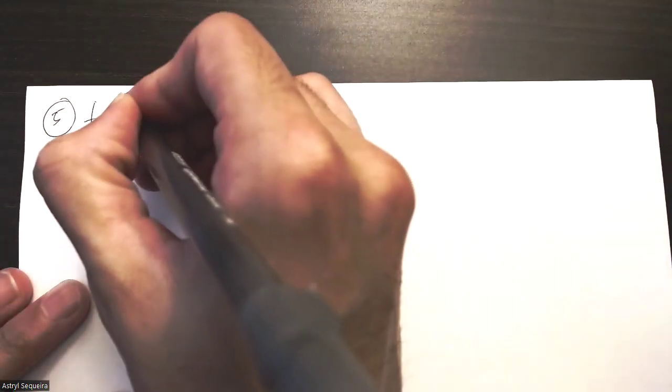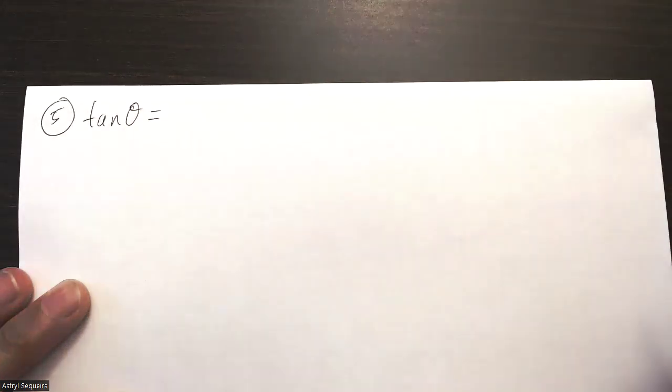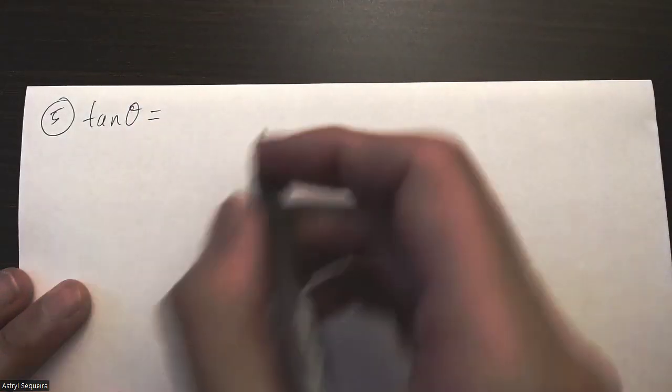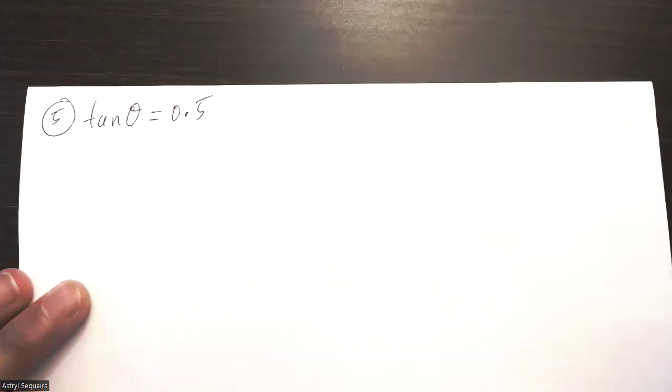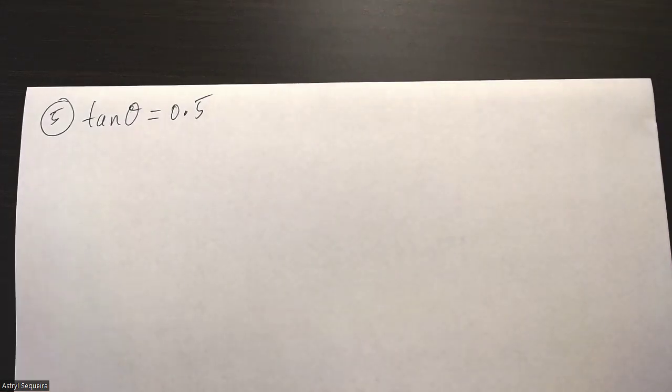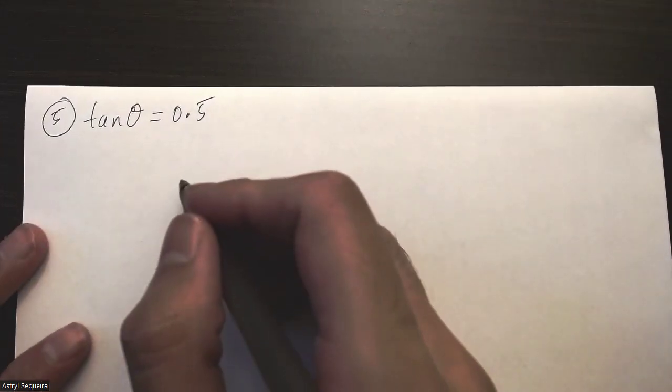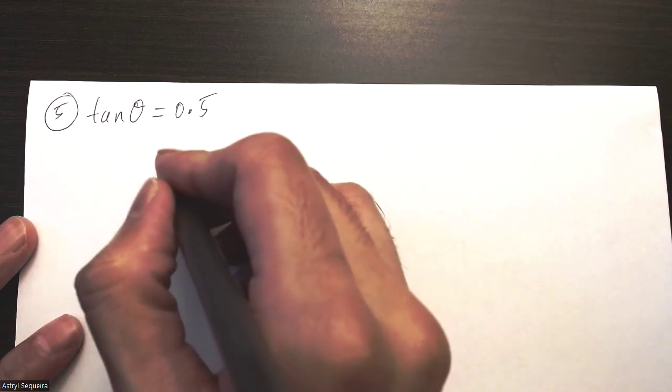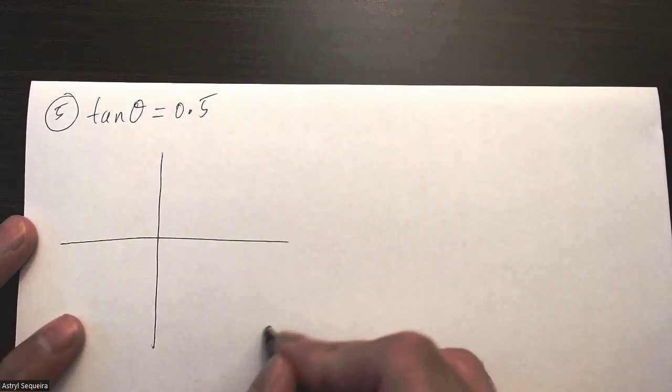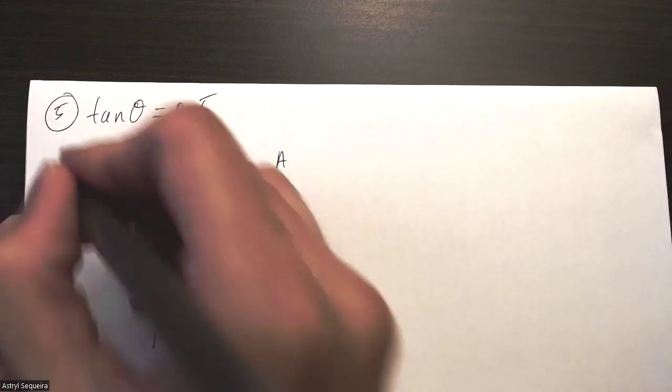Let's go to the final ratio of tan, which again I'll cover pretty quickly because it's simple. So if I'm doing this, tan theta equals 0.5. I'll use the same number for these first couple of examples. So again, I'll start with my CAST rule for this one. Tan, the ratio is positive.